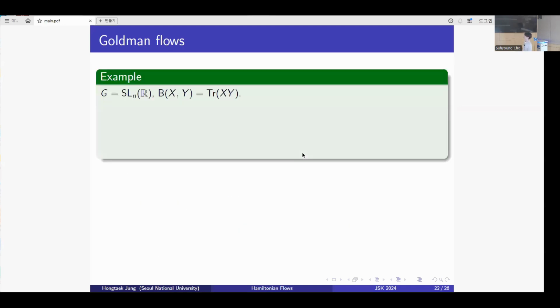As a concrete example, if your group G is PSL(n,R), and I choose our invariant symmetric bilinear form as the trace form, and you use this particular invariant function, then the Goldman function is given by this.